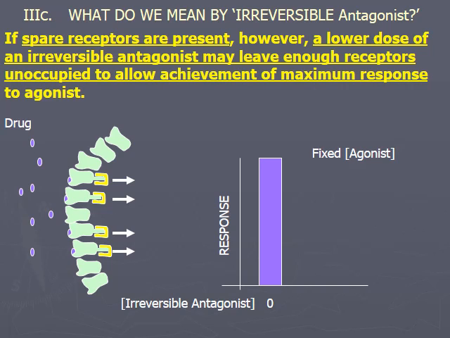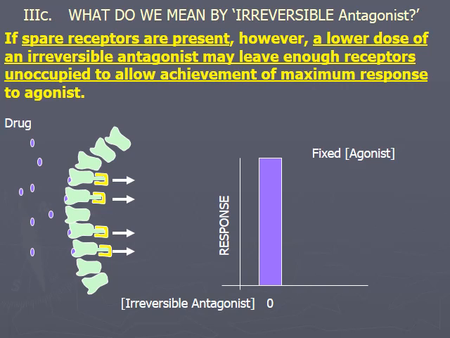A coupling molecule is a molecule that couples the drug binding to the response. This coupling molecule senses the drug binding and prompts the cell to respond, as indicated here by these arrows.